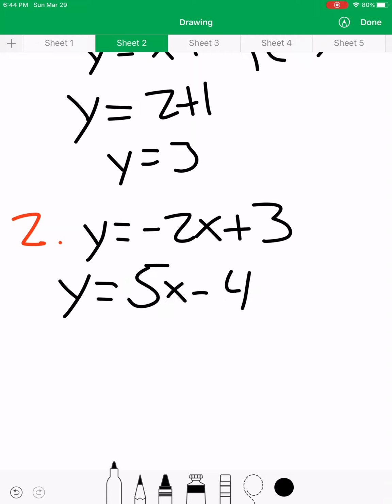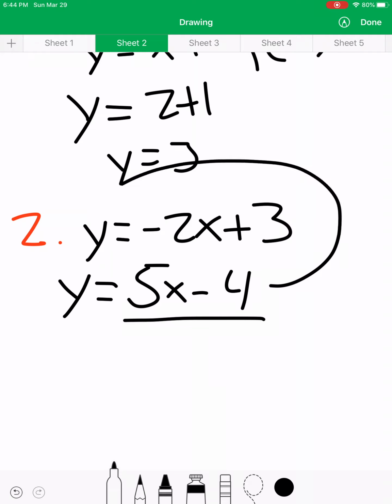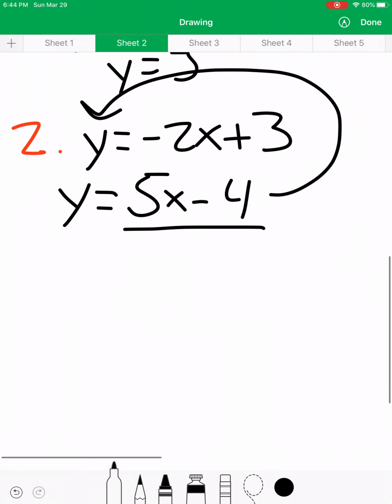Once more, you need to substitute in what you know for y. So in this case, I'm going to substitute 5x minus 4 into that y portion. So I'm going to do that down here. I'm going to say that 5x minus 4 equals negative 2x plus 3.